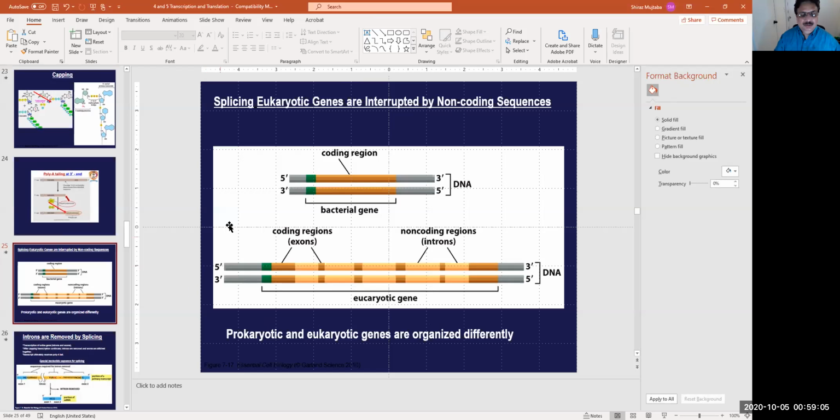Now, as compared to, as I mentioned to you, the bacterial gene, which is mostly coding region that transcribes RNA, the human gene has a mosaic of introns and exons, and introns, they transcribe, but they don't translate. So for efficiency, introns have to be removed. Introns have a very interesting role in regulation that we'll study later.